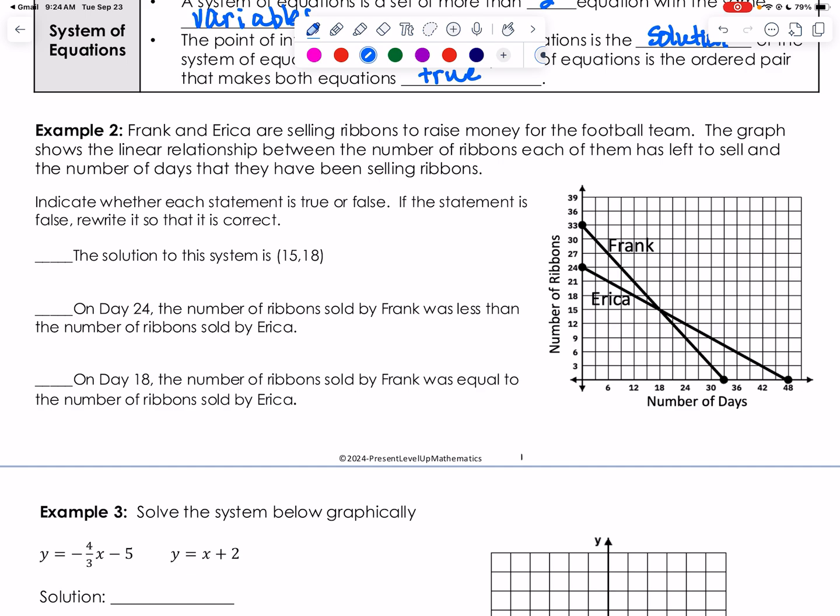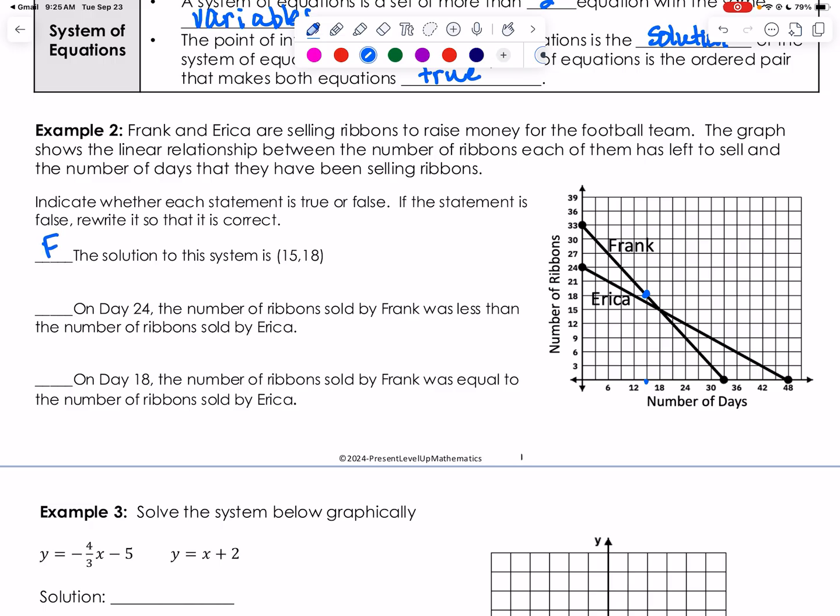All right, our first statement says the solution to this system is the ordered pair 15, 18. So let's go to 15, 18 and see if that's true. So I'm going over 15, which would be right in here, and up 18, which would be right there. Now that did not land on both lines, so this would be false.